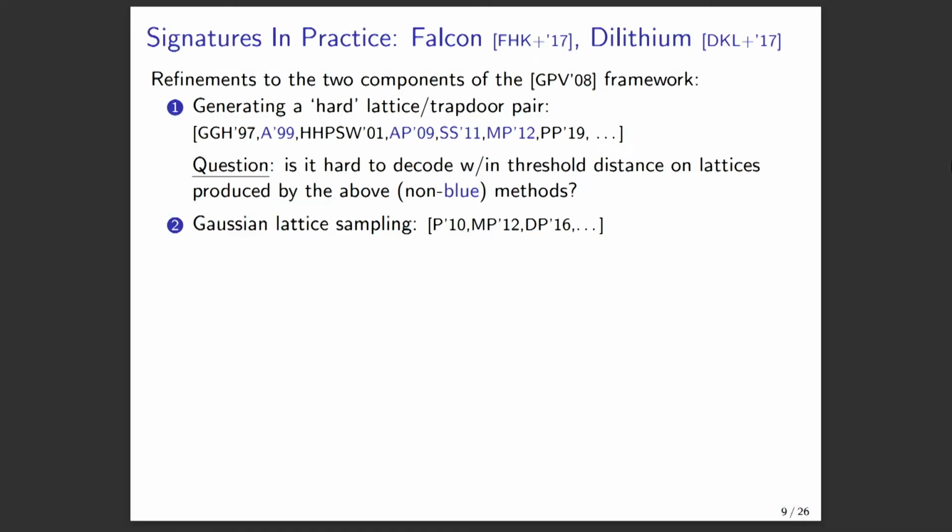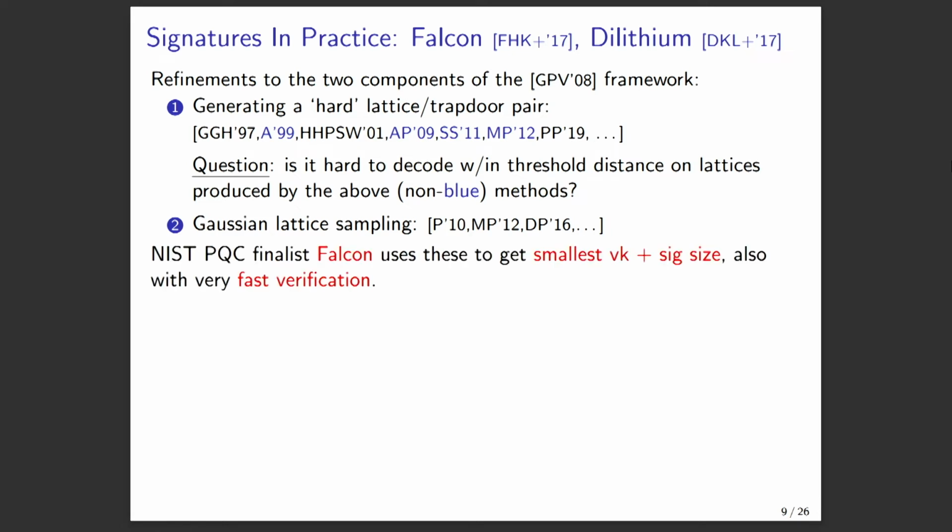And then the second component is the signing or the Gaussian sampling procedure. And that also underwent a bunch of improvements. The Falcon scheme has a really nice procedure that will sample from that nice-looking Gaussian using the trapdoor that it produces. OK, so those are the two components.